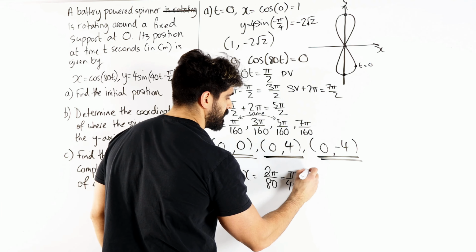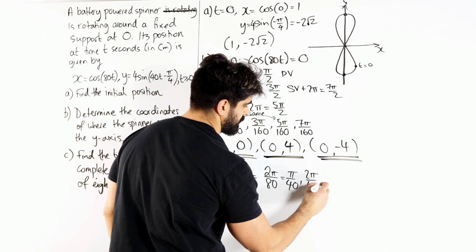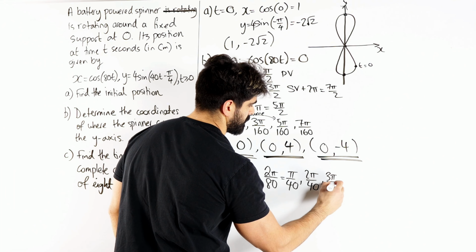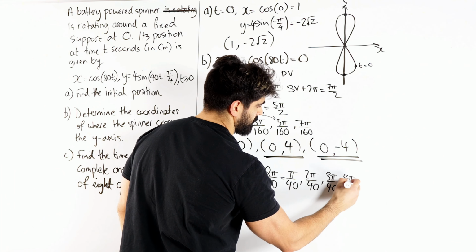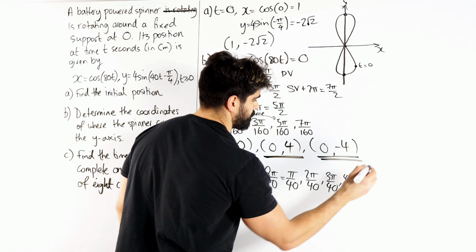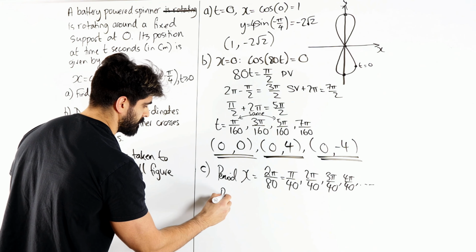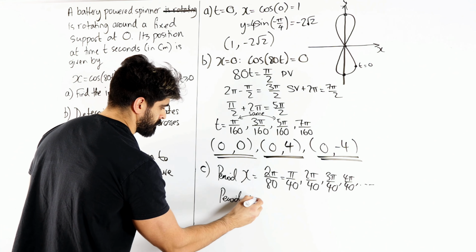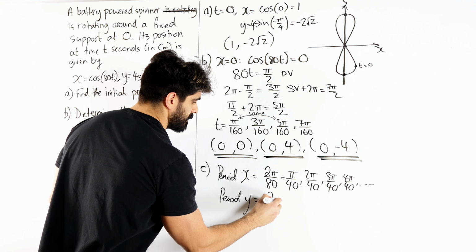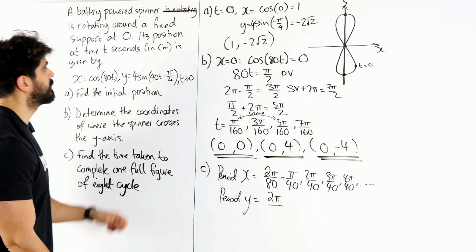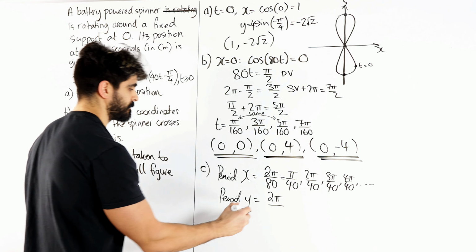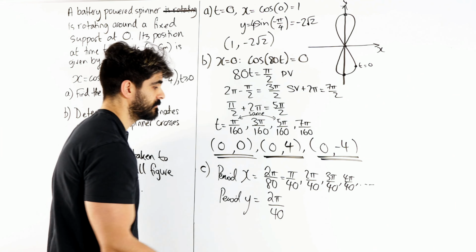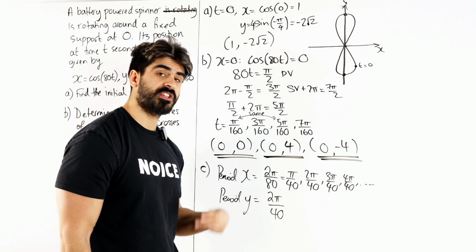So it'll be pi over 40, 2 pi over 40, 3 pi over 40, 4 pi over 40, etc. Okay. What about the period for y? Well, it's going to be 2 pi divided by that coefficient, which is 40. And there you go. Look, that's the same. We just said that, right?